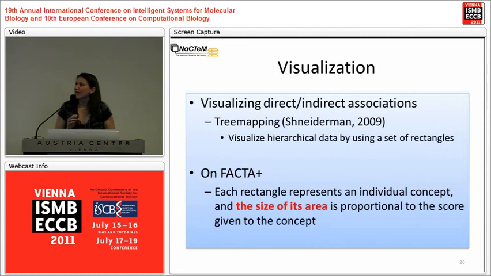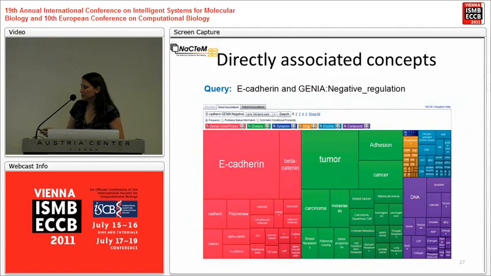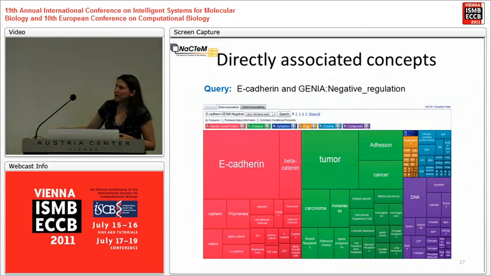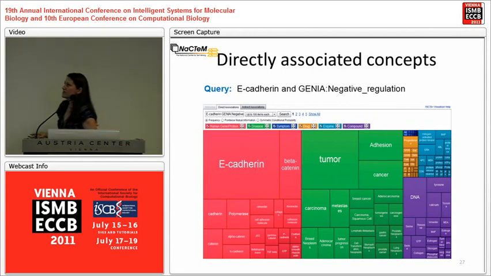So for instance, for Facta Plus, this box, this rectangle is quite big because this is quite important. So you can see the importance from the size of the boxes. A big box means important, not so big means not so important.